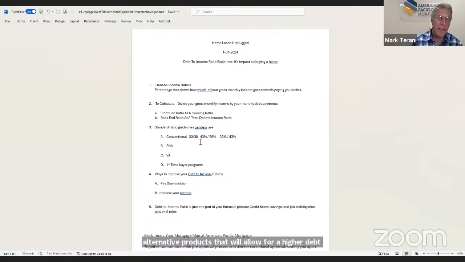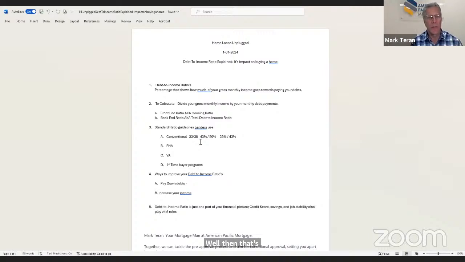They might also say, hey, let's consider doing a conforming first and get a second, right, to get us up to that higher loan amount. Maybe we're trying to get to 850 or 950, but our ratios are a little bit higher, and we're going to have a difficult time getting an approval through the jumbo underwriting. Well, then that's what they're working on for you.